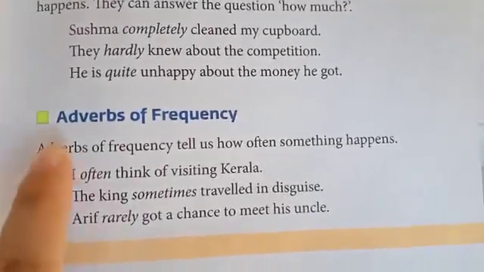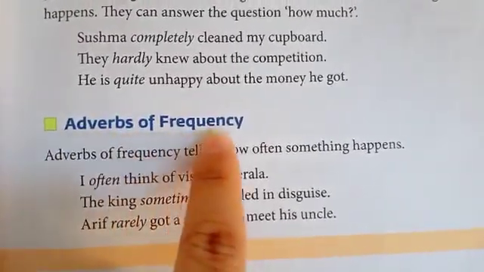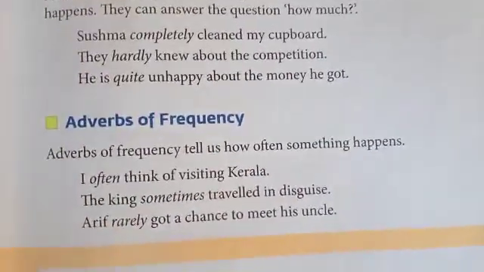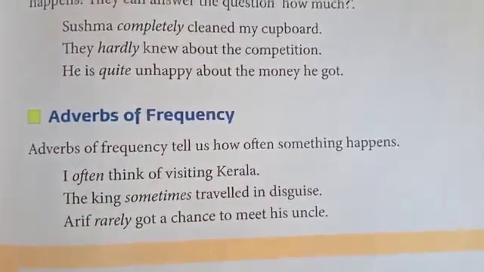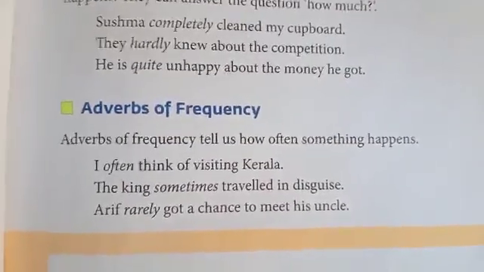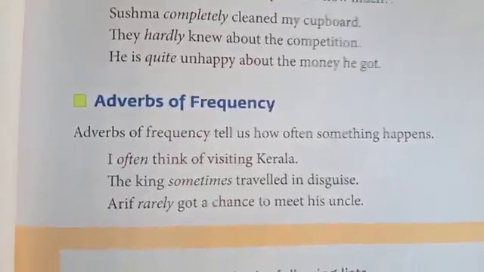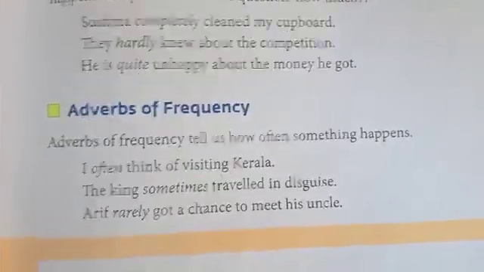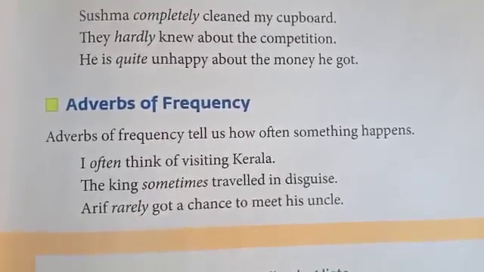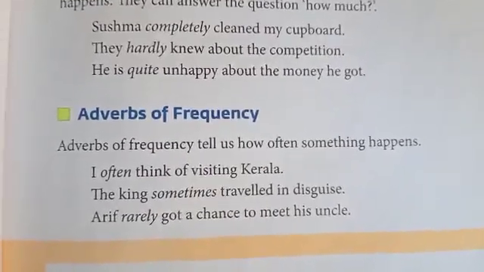All these tell us about the adverbs of frequency, how frequently a particular action is taking place. Okay, whether it is taking place twice in a day, daily, rarely, hardly, often, sometimes, all these will come under the heading of adverbs of frequency.